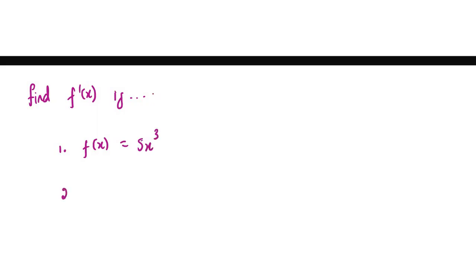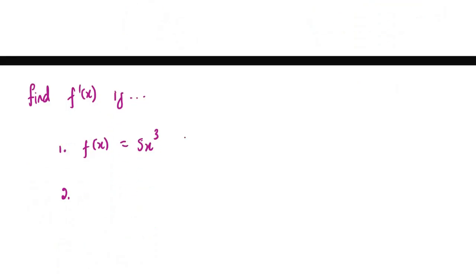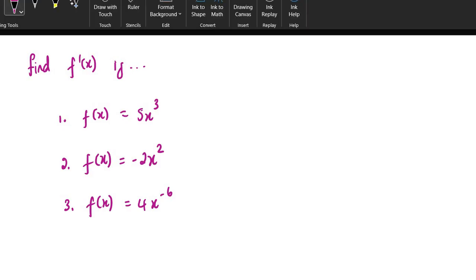Number 2, if f of x is negative 2x squared. Number 3, f of x is 4x to the power negative 6. Now, how do we answer the questions there?